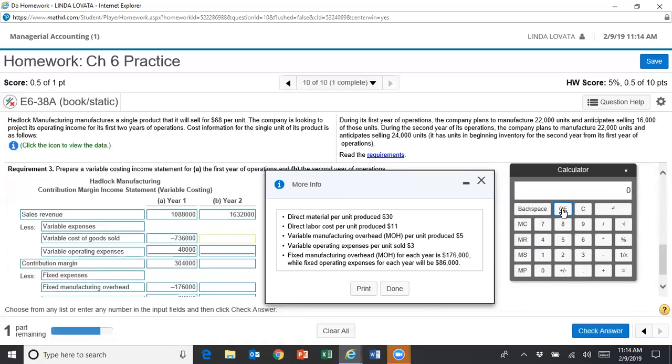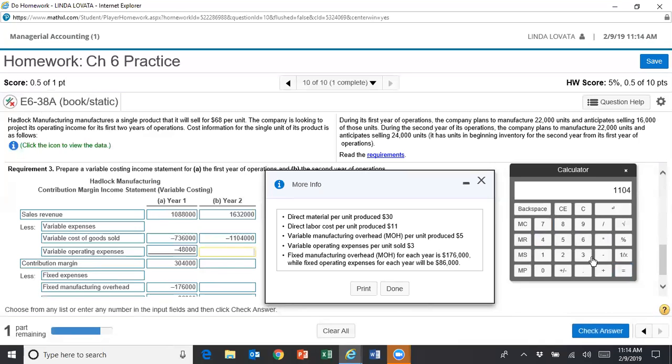All right, I did write down that 46 was my variable cost, so 46 times that 24,000 is, I had a minus in there somewhere. Where did I put the minus in there? I'm going to double check that one because that doesn't look right. I think I hit the minus instead of the times 24. That looks a little more reasonable. That number should be bigger than the other one since I sold more.